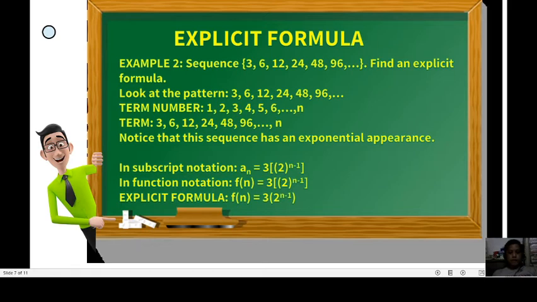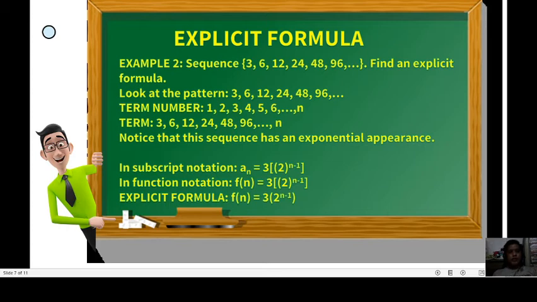When we have the second term, n is 2, minus 1 is 1. So 2 raised to the first power is 2, and 2 times 3 is 6. For the third term, which should be 12, 3 minus 1 is 2, so 2 raised to the second power is 4, and 4 times 3 is 12. For the fourth term, 4 minus 1 is 3, 2 raised to the third power is 8, and 8 times 3 is 24.